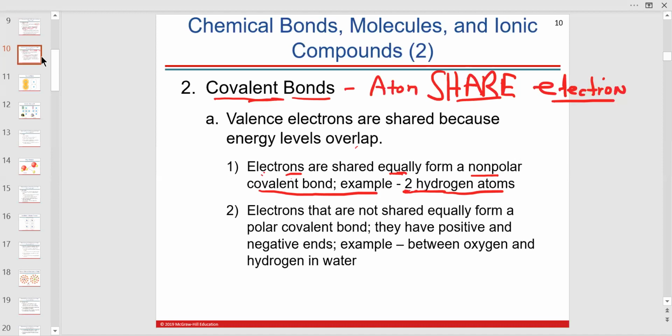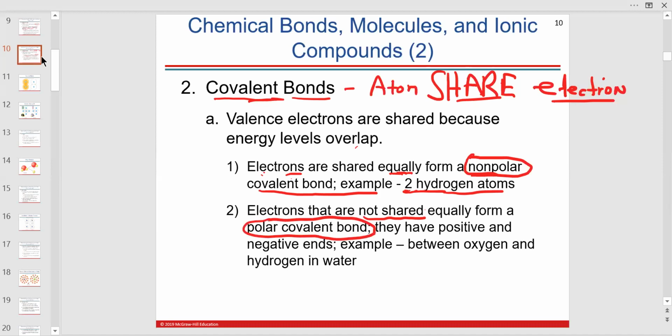It's sharing unequally. If it shares equally, it's called nonpolar. So that's a nonpolar covalent bond. If they're shared unequally, then it's a polar covalent bond.